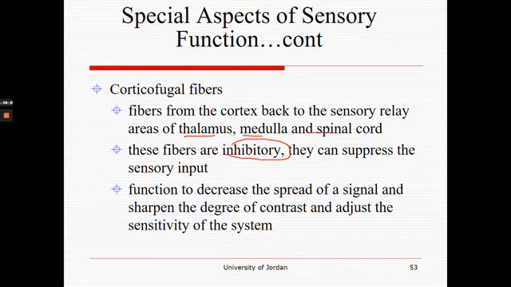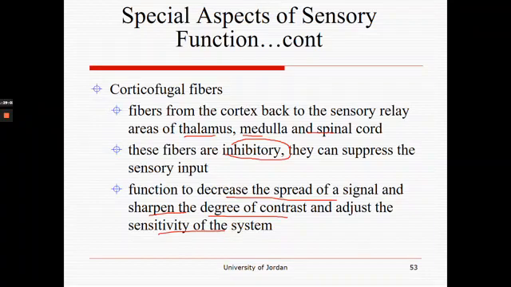So this is a kind of negative feedback, and it might go to the level of the sensory sensation to increase its sensitivity, increase the contrast, increase the sharpness. The function is to decrease the spread of the signal, to sharpen the degree of contrast, to adjust the sensitivity of the sensory system. So these corticofugal fibers go back from the cortex down to the medulla, thalamus or spinal cord.